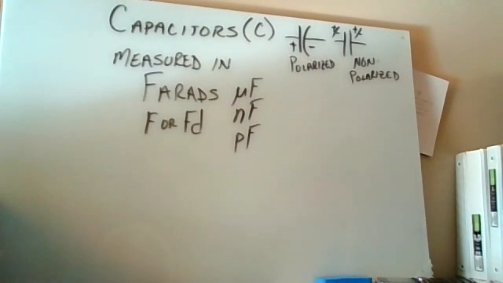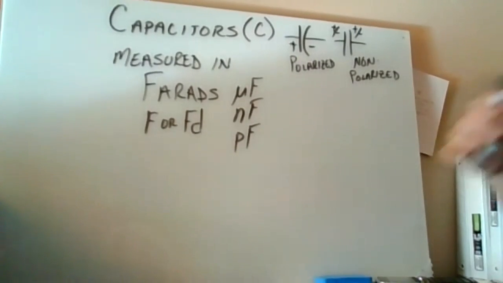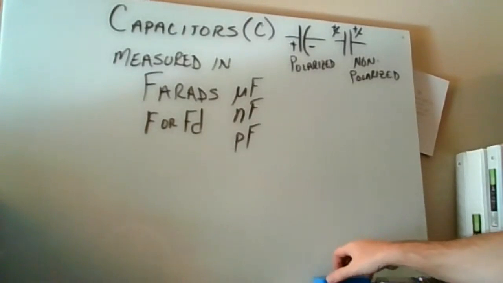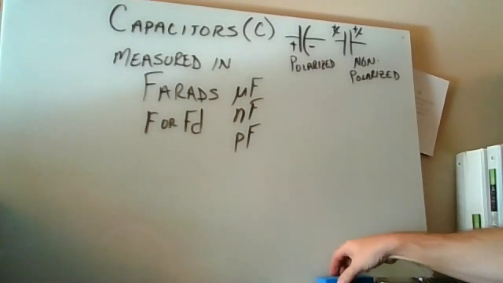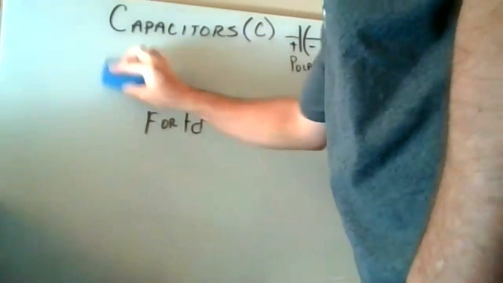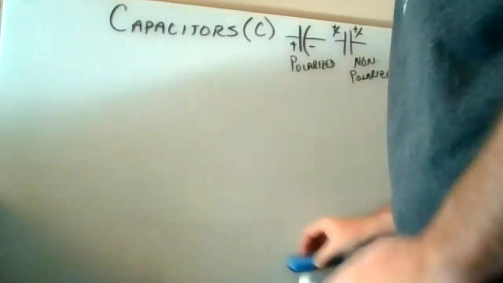How am I going to add ohms and farads? The answer is you can't. So we've got to convert the capacitor into some sort of ohms, okay? And the way we're going to do that is we're going to find what we call the capacitive reactance.